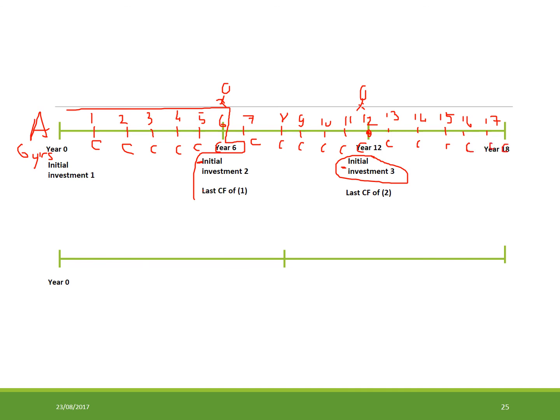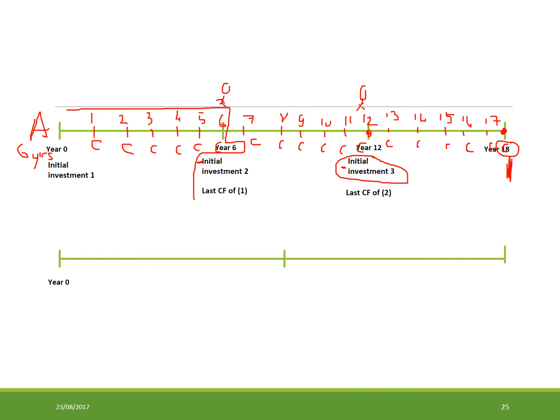So in year 18, because we reach our lowest common multiple, we stop investing. Yeah. So in year 18, we only get the last cash flow of the last annuity. Right. So this is how the cash flows of a constant chain of replacement look like.